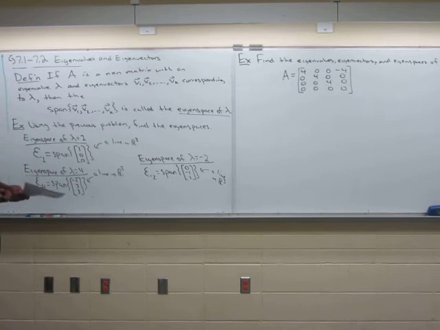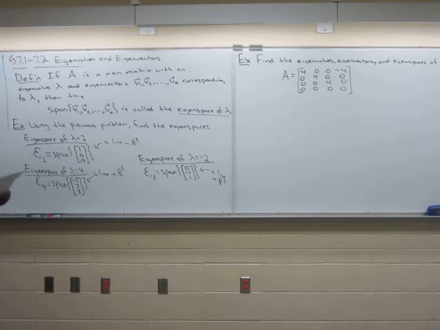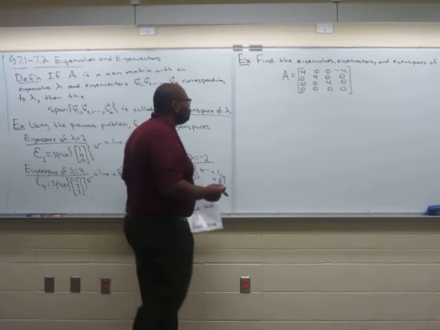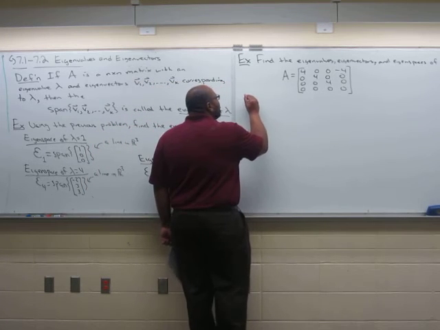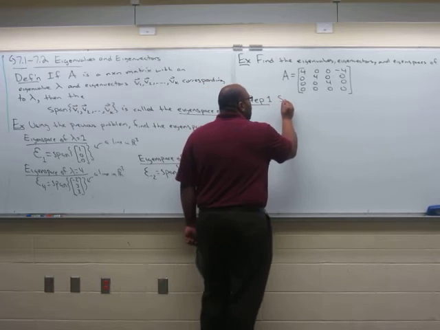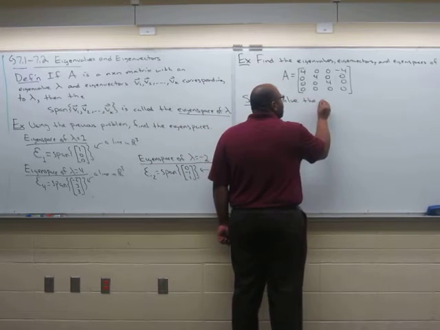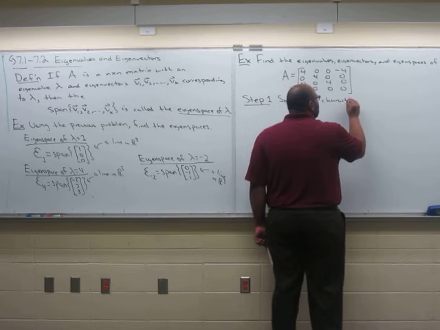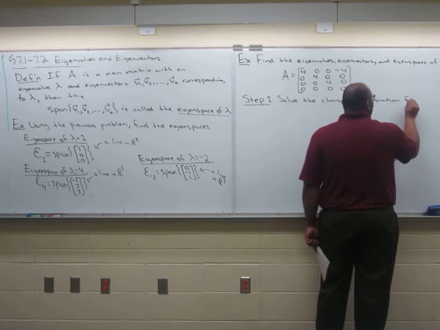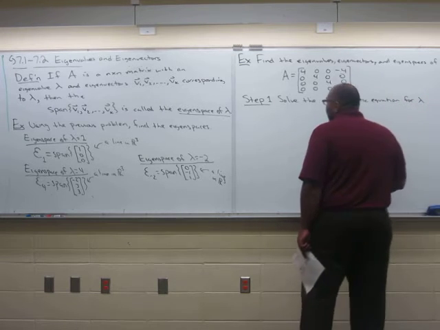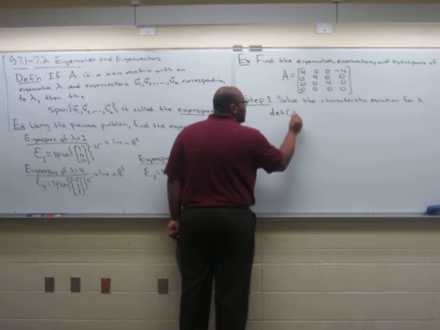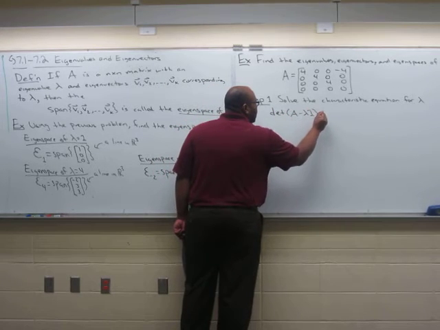Again, let's just do what we've done before. Be clear. Now, what do I end up with? What do we get? First step, step what? Solve the characteristic equation for lambda. Again, that's setting our determinant of A minus lambda I equals 0.